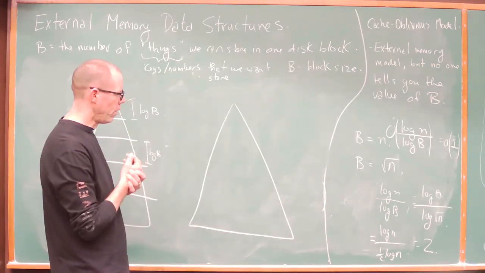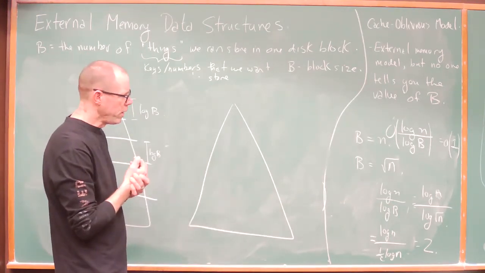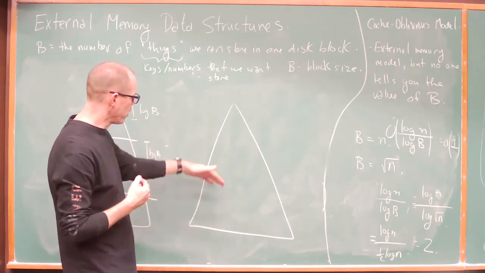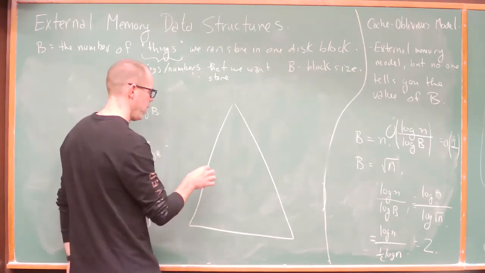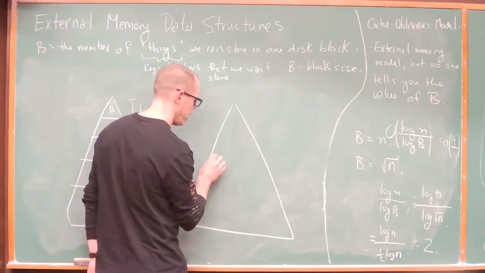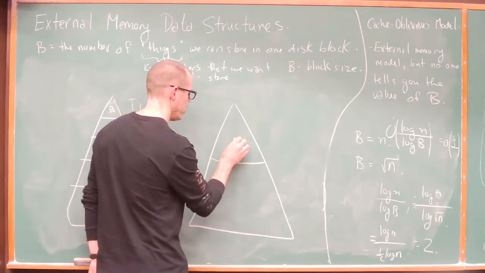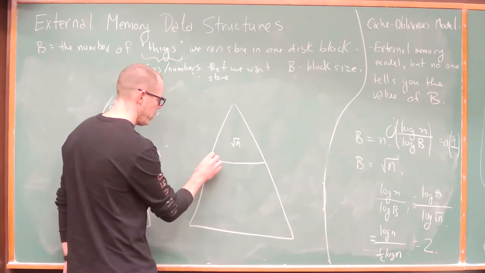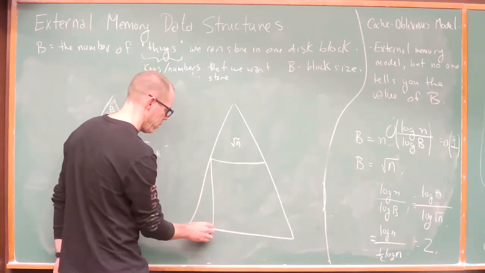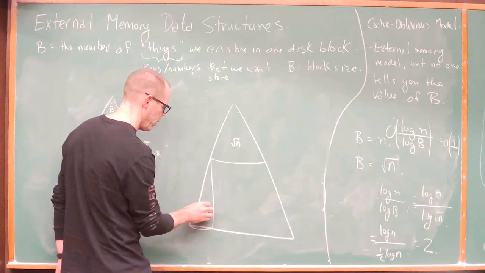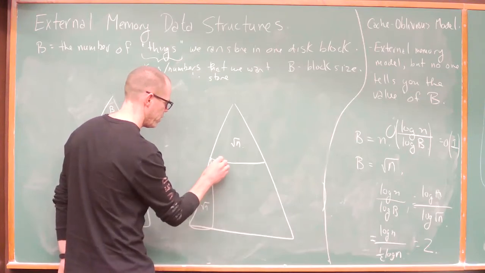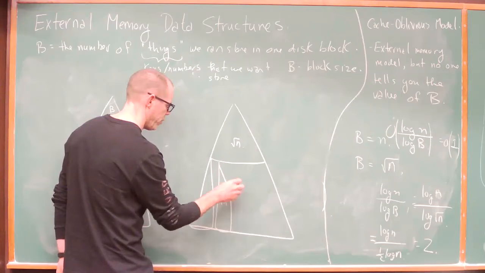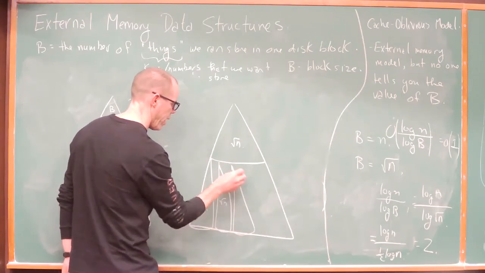Okay. So we use a B tree with b equals square root of n. And in this picture, we take the top of our tree, so we have square root n values up here, and then attached to each node here is a bunch of trees, each of which has size square root n.